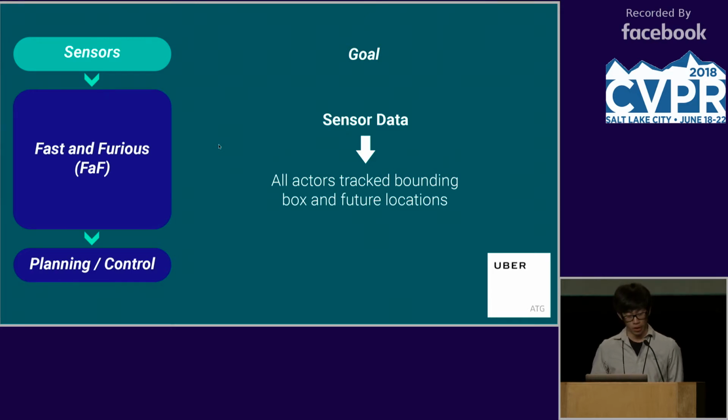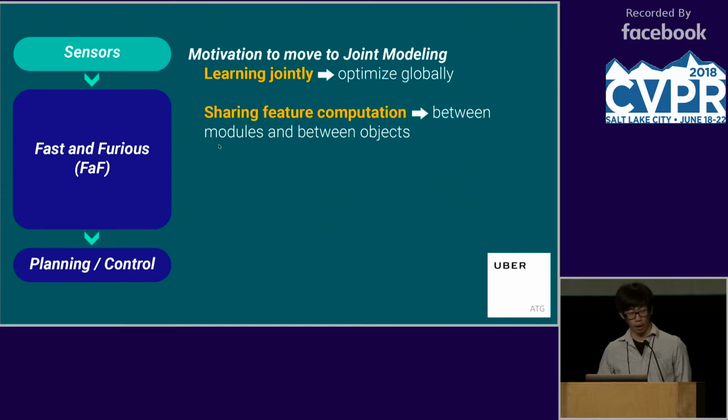Our approach goes directly from sensors to tracked bounding boxes and the future location for all objects at once. Our motivation is that learning jointly can fix the distribution mismatch between different modules and provide a better global solution. Also, sharing feature computation between different modules and objects will result in much more efficient solutions.